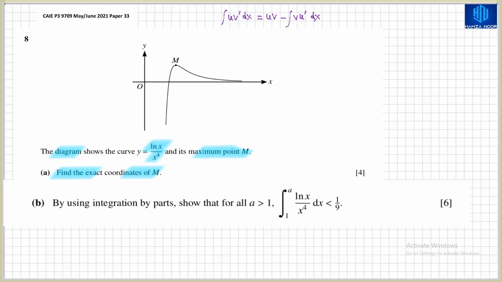This formula is given to you in the formula sheet as well, and it is proved by integration as the reverse process of differentiating by the product rule. In order to decide what to keep as u and what to keep as v dash, we follow the LIATE rule sequence, particularly in integration questions which involve inverse trigonometric functions. So here we are going to follow the LIATE rule.